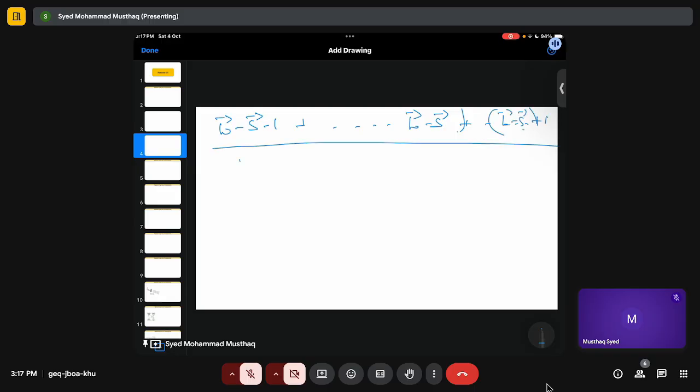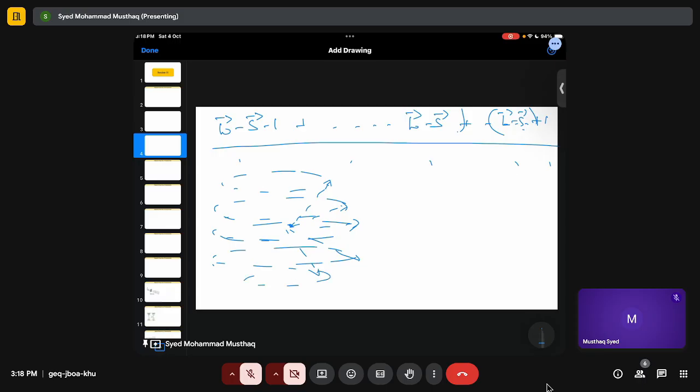So you will have different values, right? And if you add these vectors, you will have a summation of values, right?